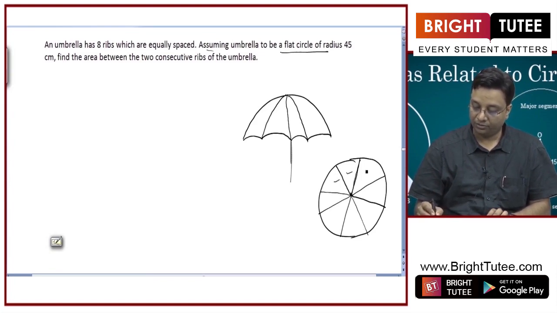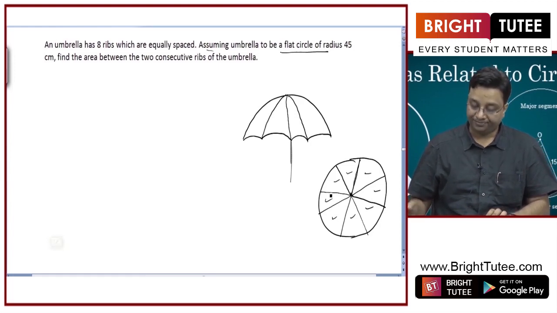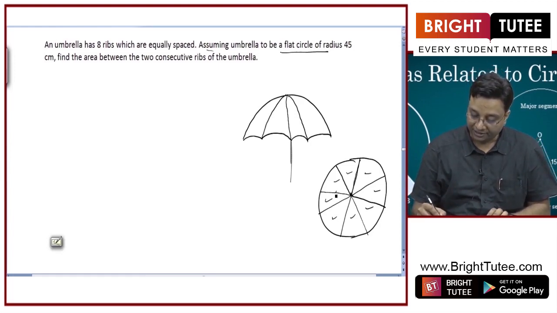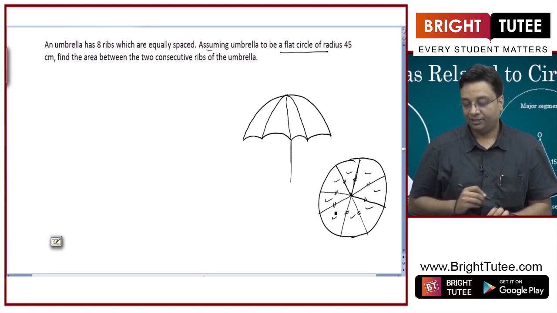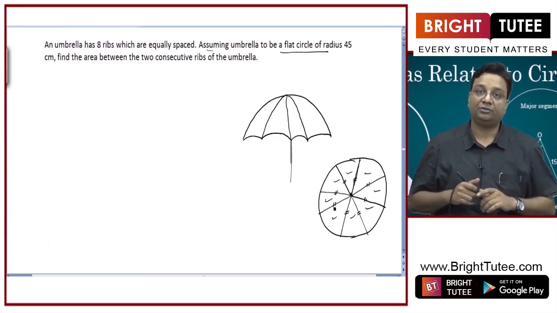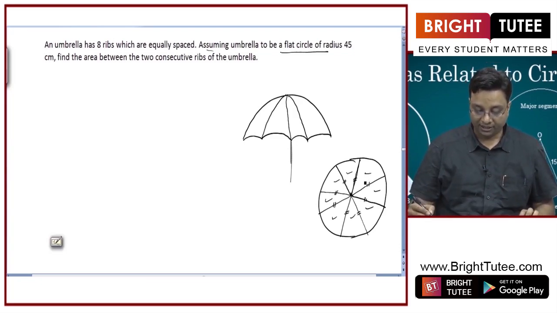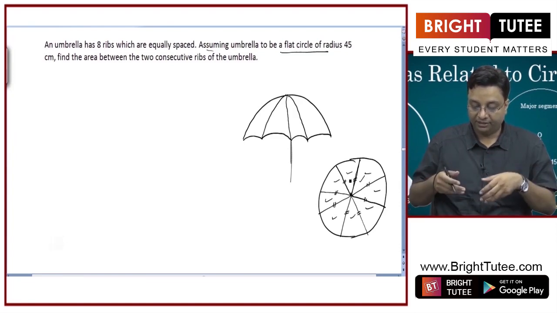Look at this, 1 2 3 4 5 6 7 8. And ribs are these 1 2 3 4 5 6 7 8. So these are the 8 ribs that the question is talking about, and these are the 8 sectors that it is divided into.